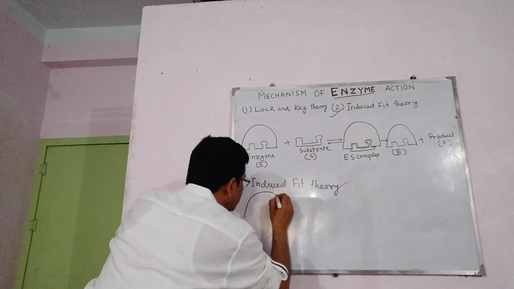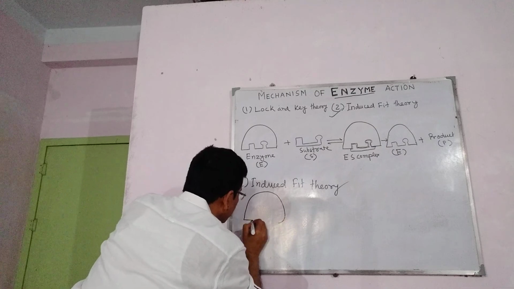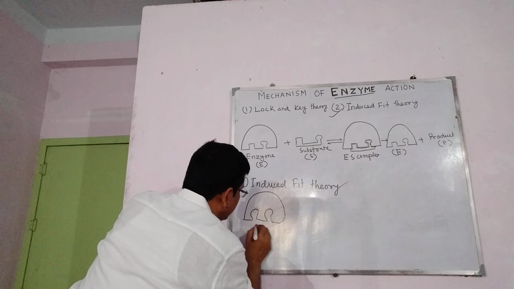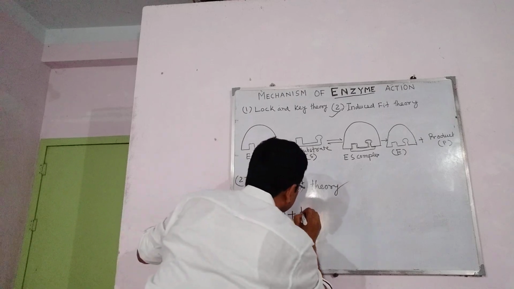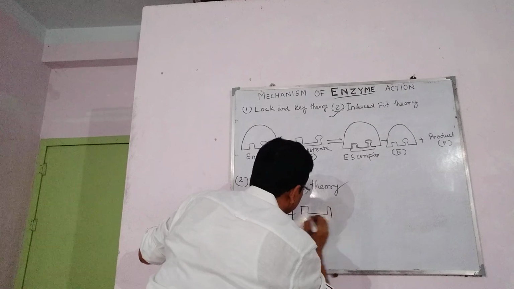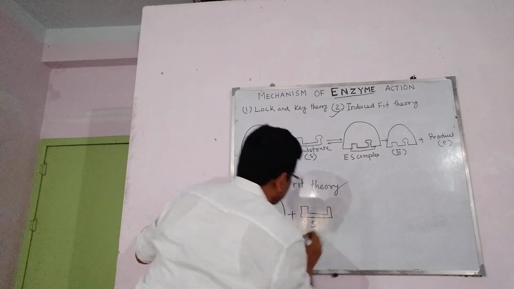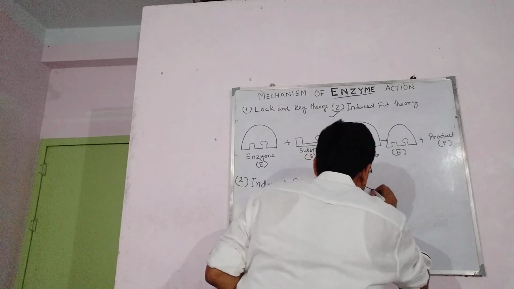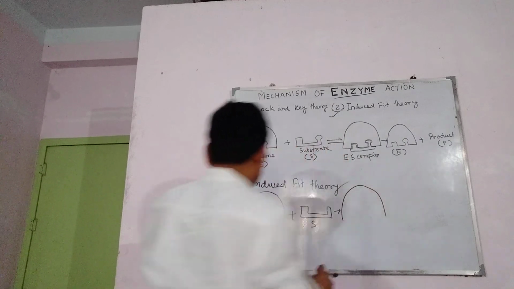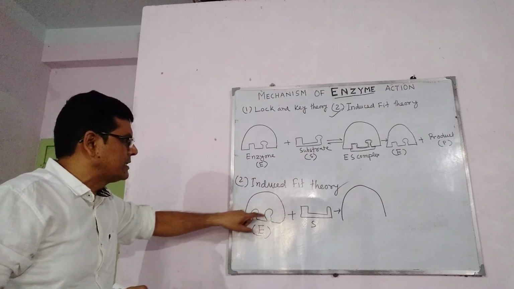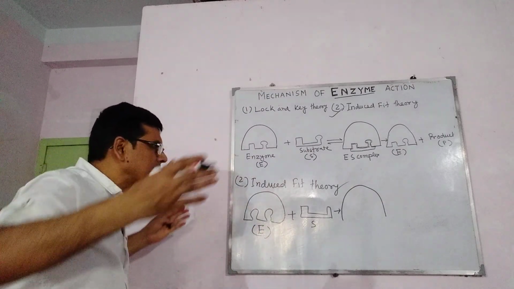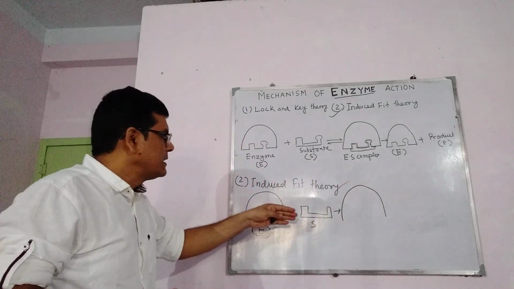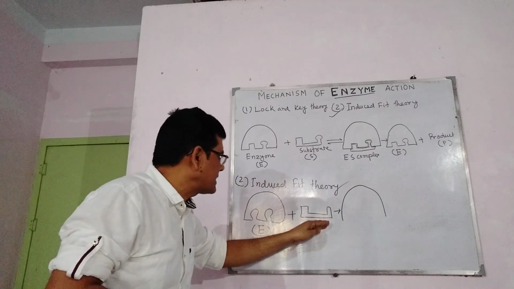Here the enzyme, denoted by E, plus substrate, denoted by S. Here is the enzyme's active site. The enzyme active site will undergo conformational changes, and it is induced by the substrate.